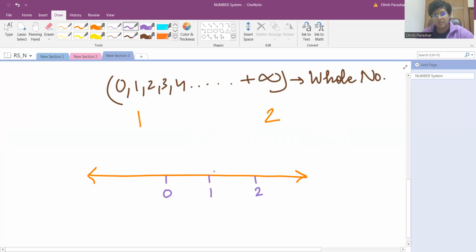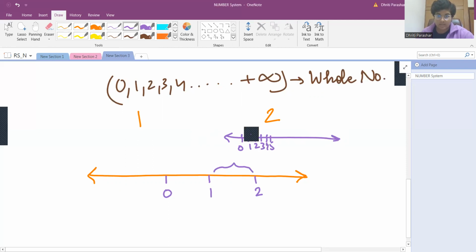There must be something in between, right? Because if there wasn't, we could have just written 0, 1, 2, 3, 4, 5. Well, even these numbers have space between them. There must be something lying here.